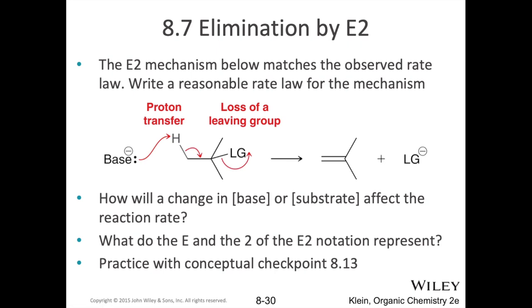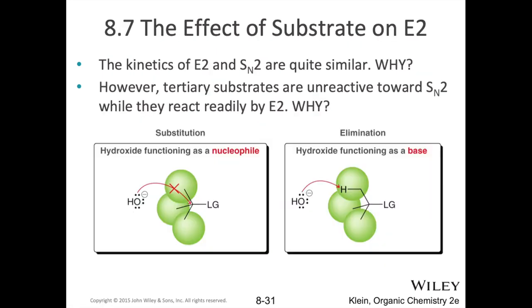We saw back in SN2 substitutions that having a very hindered alpha carbon is detrimental to that SN2 substitution because it makes it really difficult for that nucleophile to come in and attack that alpha carbon. There's just too much steric hindrance around it, right? But in the case of an elimination reaction, this isn't as big of a deal.